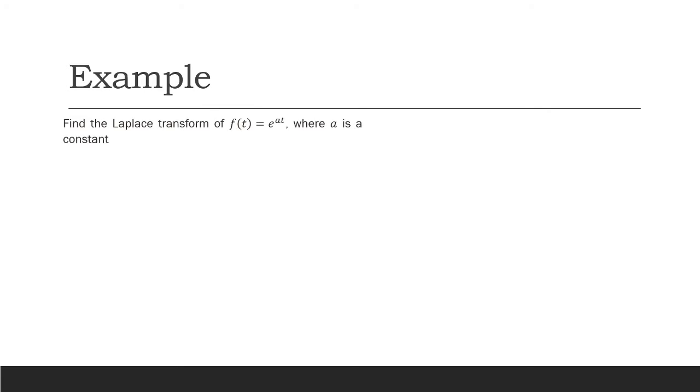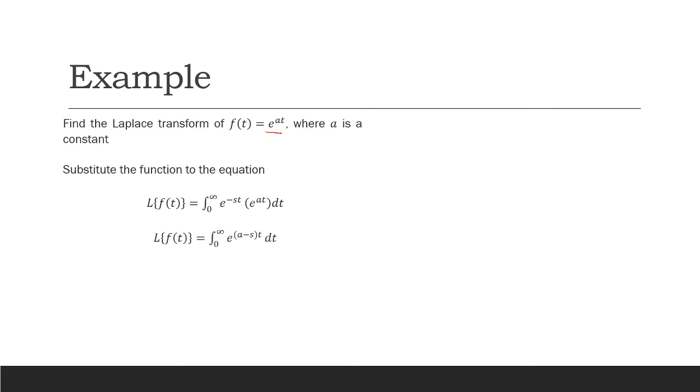Next, we have another example. We have find the Laplace transform daw of f of t is equal to e raised to negative at, where a is a constant. So let's try that. Substitute din muna natin yung function dun sa equation. So we will have, ang f of t natin is e raised to negative at. Now, ang gawin natin class, since parehas naman na ang base natin ay e, so pwede natin i-factor out yung t.